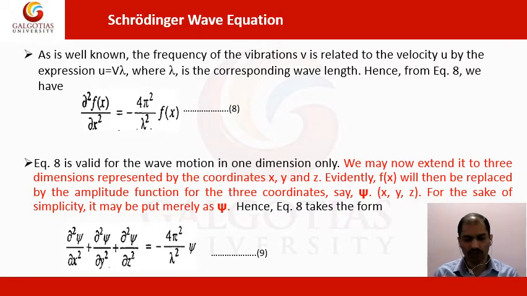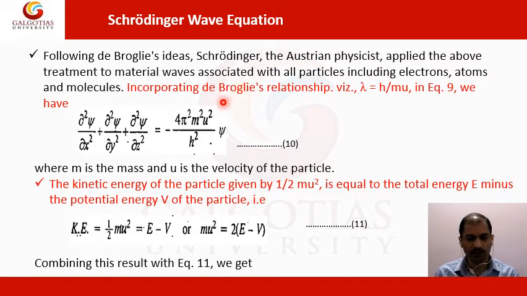Now, following the de Broglie ideas, Schrodinger, the Austrian physicist, applied the above treatment to the material wave associated with all particles, including electrons, atoms and molecules.